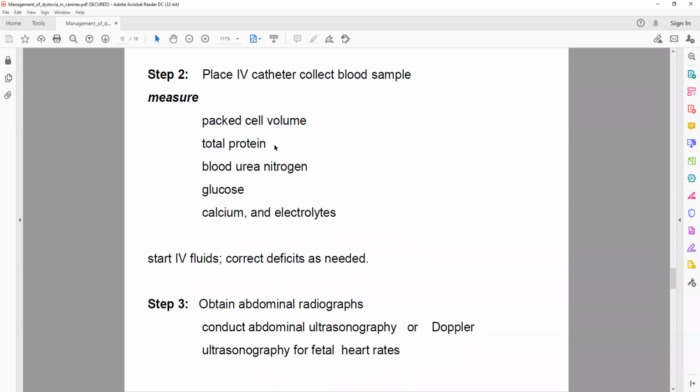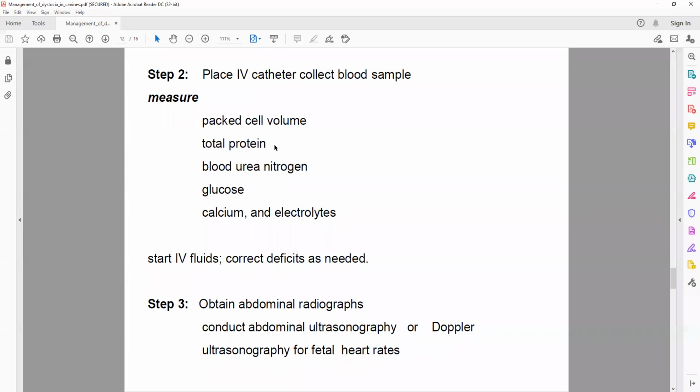Suppose this case is not managed by medical treatment, then how much of the drugs, because every drug you give binds with the blood proteins. So what drugs should be used and how much, and especially in case of operation, how much anesthesia, pre-anesthetic drugs or sedative can be used, is calculated based on the total protein level.